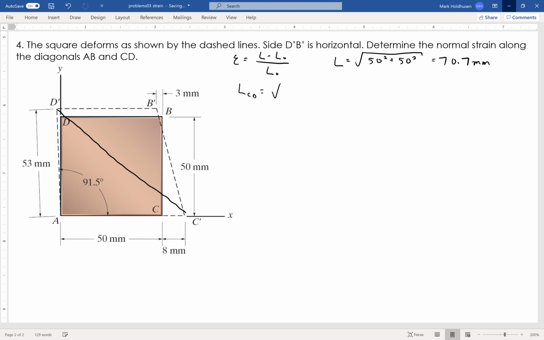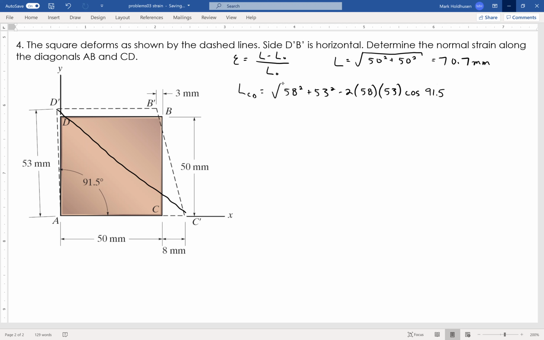So it's going to be 58 squared plus 53 squared minus 2 times 58 times 53 times the cosine of 91.5.